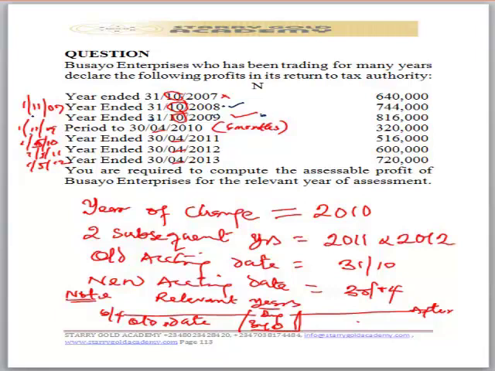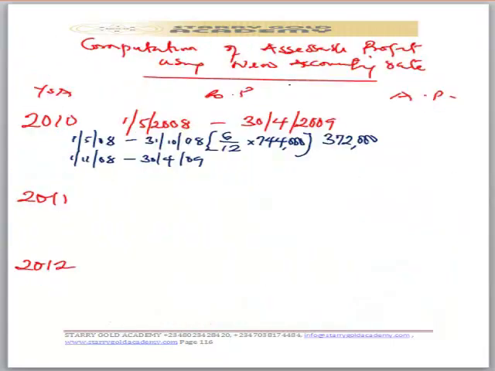So we also have to prorate 6 months out of 816. So that's another 6 months out of 12 times 816,000. So 816 just divide by 2.